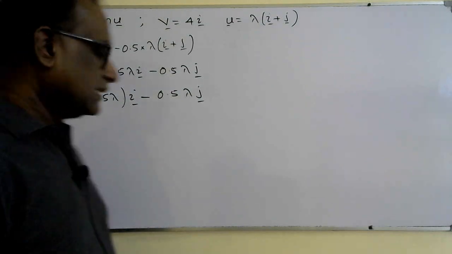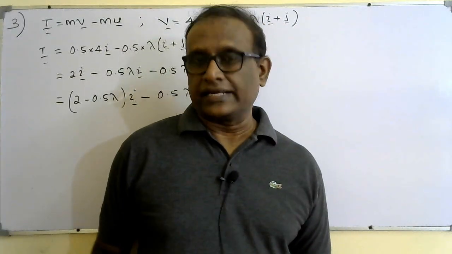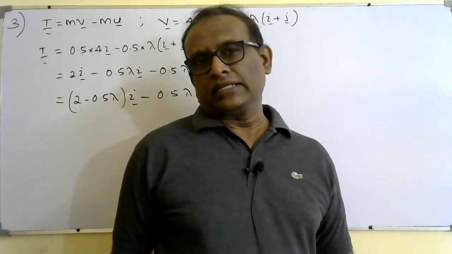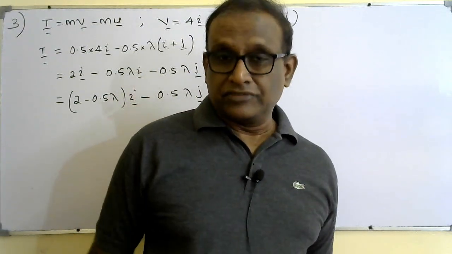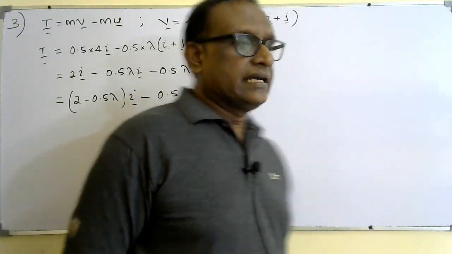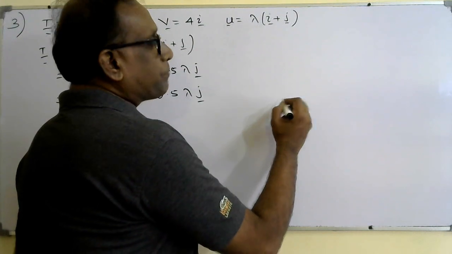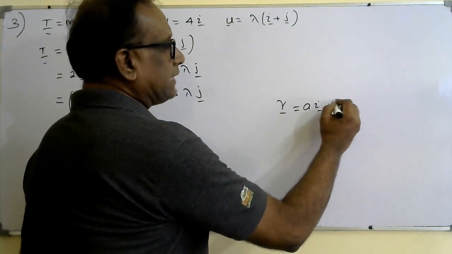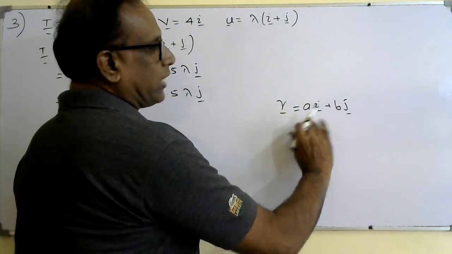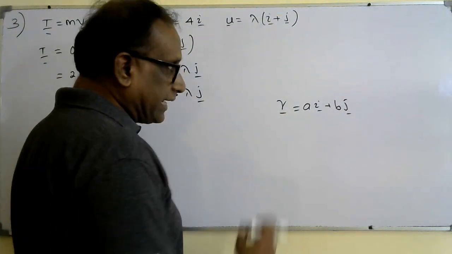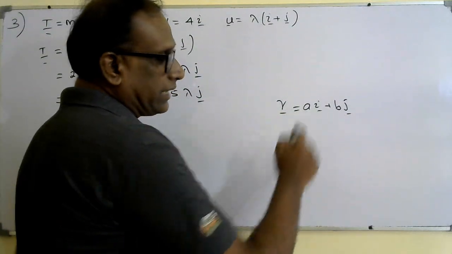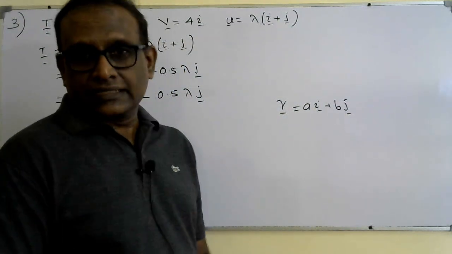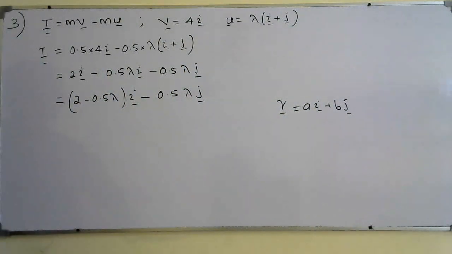So this is the impulse vector, but we know the magnitude. I told you this when I was starting the first question. If you know the vector, for example, vector r is equal to ai plus bj, the magnitude is given by the square root of a squared plus b squared, and the direction is tan inverse b over a. So we'll follow that basic principle to find the magnitude.